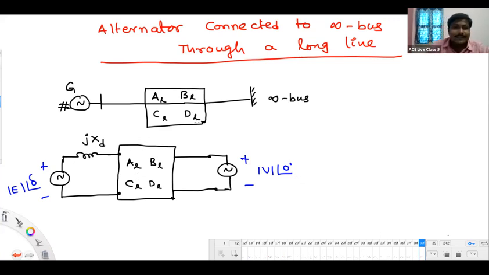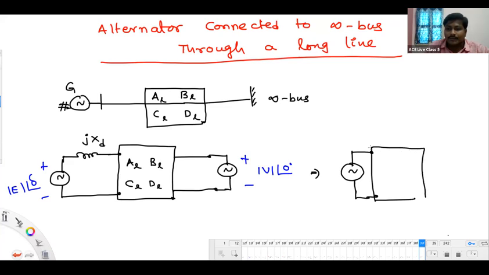So I will redraw this network. This is the AC voltage source of the generator, and the whole network between the two AC voltage sources was represented in the manner of ABCD parameters, equivalent ABCD parameters.